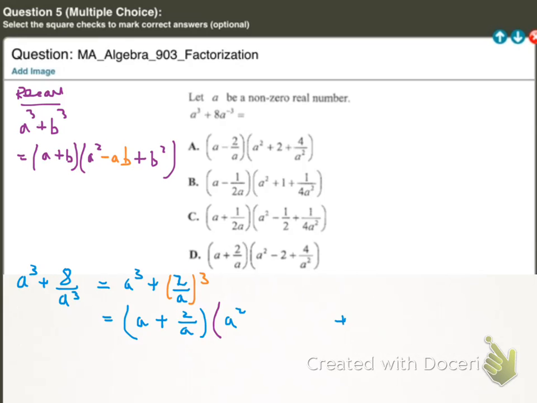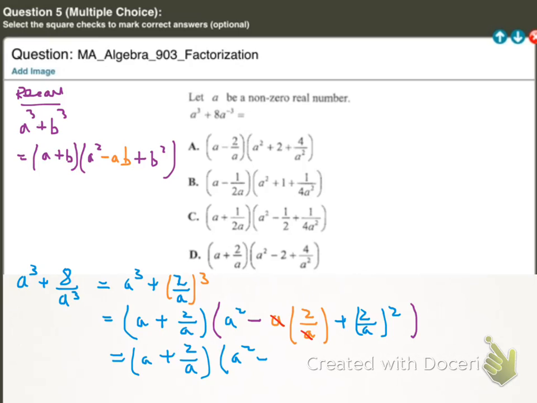So now I have minus a times 2 over a. Then I expand out the bracket, simplify what's inside the bracket, and terms get cancelled out. Now I see that leaves me with an answer of option D.